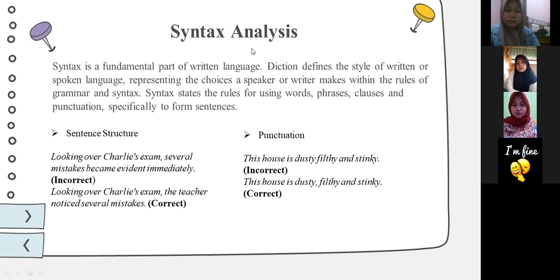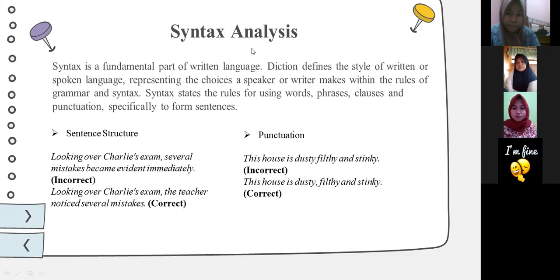Incorrect: looking over Charlie's exam, several mistakes become evident immediately. Next, correct: looking over Charlie's exam, the teacher noticed several mistakes.